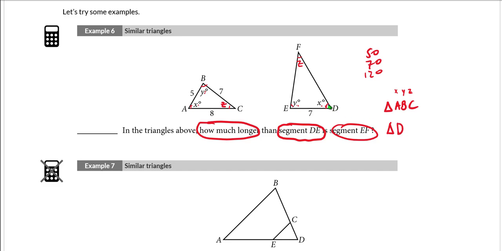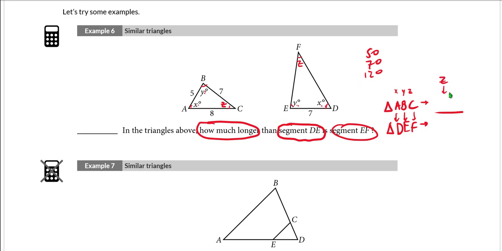It's going to be D, that's the X angle, E, F. So those are the corresponding vertices. So I know that the ratio of any side to its corresponding side in one triangle and the other, that ratio is going to be constant. What ratio can I establish here? The Z ratio.